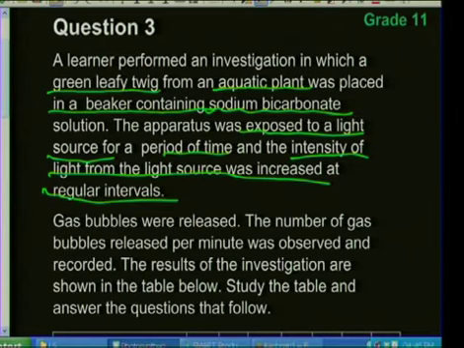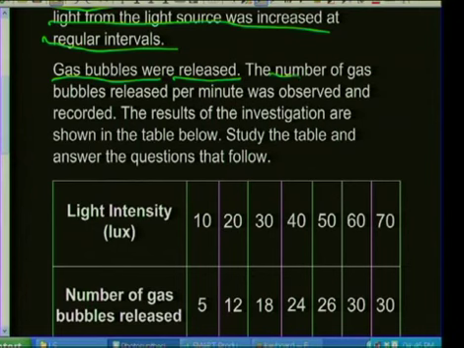What am I doing when I'm underlining all that? I'm identifying the key words in the question. Gas bubbles were released. The number of gas bubbles released per minute was observed and recorded. The results of the investigation are shown in a table below. Study the table and answer the questions that follow.